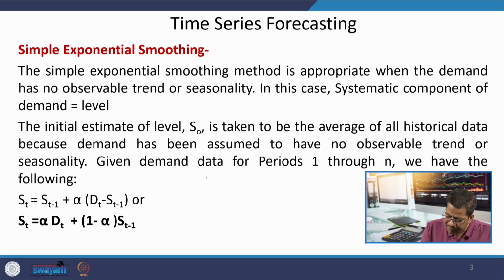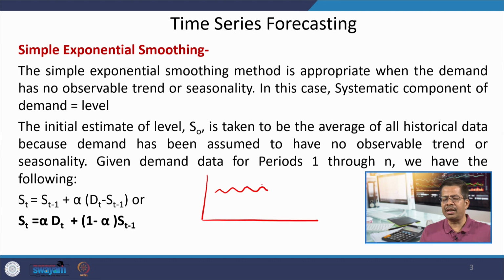I was saying in my last class that this is how my past data is moving. Now, here I am today and I want to forecast for this next period. This is my period T, and I want to forecast for period T plus 1.